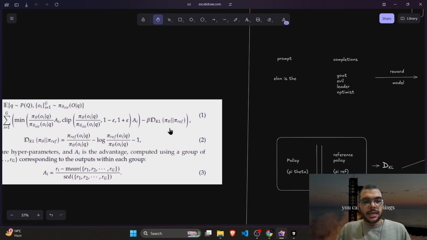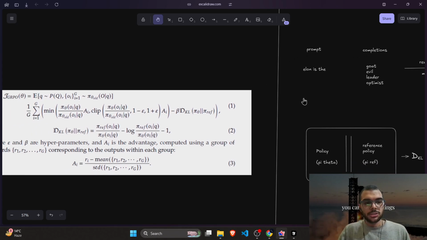And then this is the KL divergence term, which we talked about. This is the penalty which we subtract from the model. This basically computes the distribution of the model for each completion. And if the completion is going a lot different than the initial distribution of the base model, then we just penalize the model for those kinds of completions.